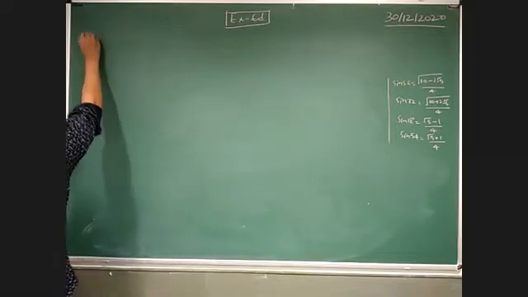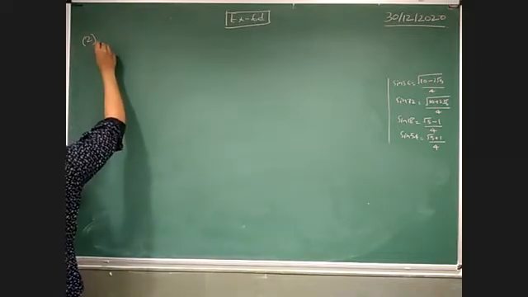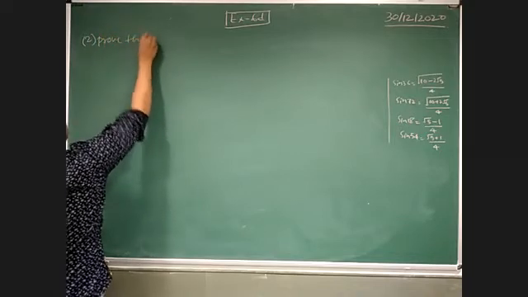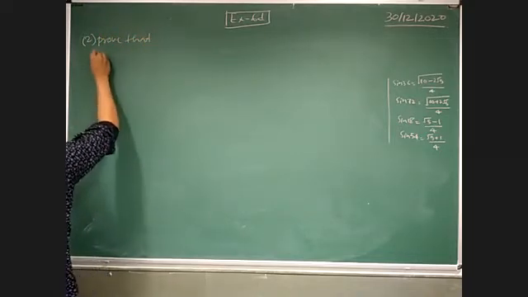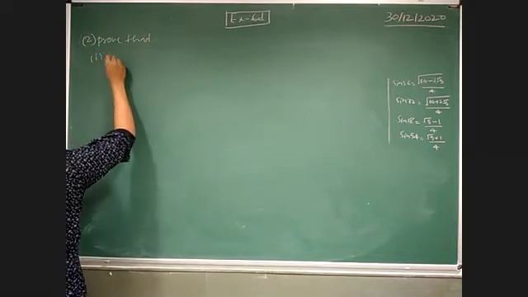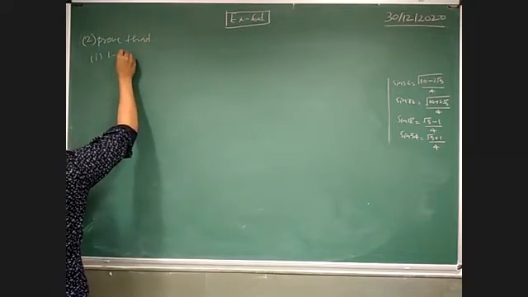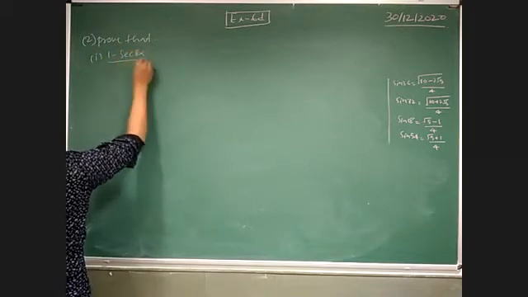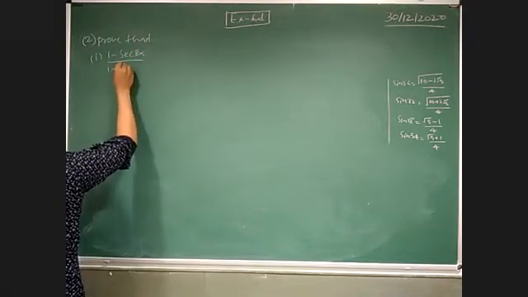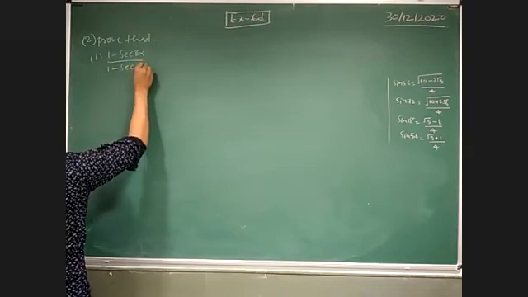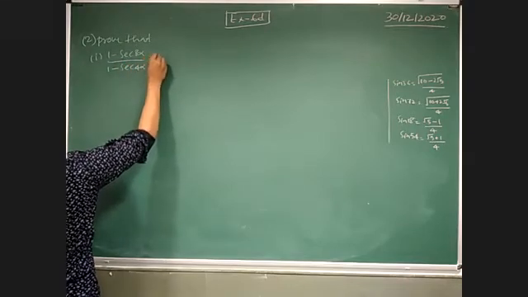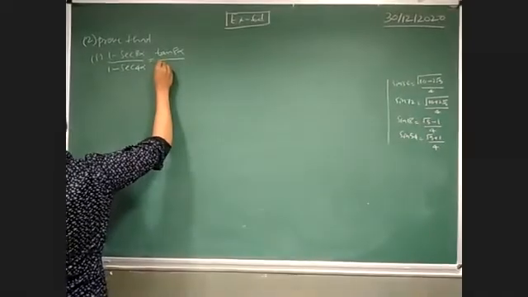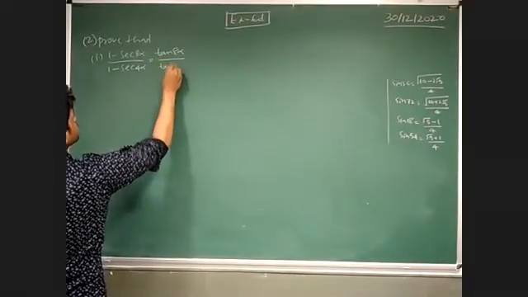That is question number two. Prove that (1 minus sec 8 alpha) by (1 minus sec 4 alpha) is equal to tan 8 alpha by tan 2 alpha.